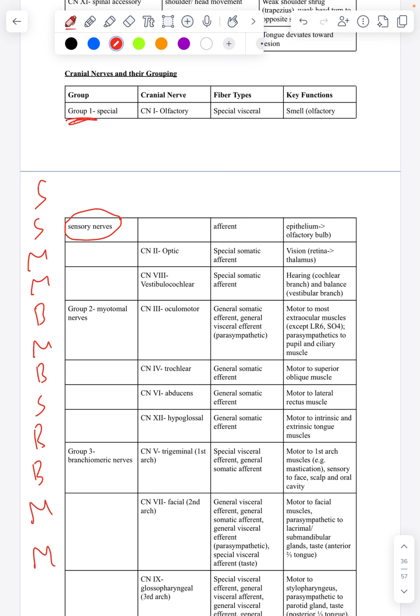These are all special, technically, because they're in the head and neck: 1, 2, and 8. So that's how you group them. If you just remember this mnemonic, it will help with this entire chart. Now, for motor, we have 3, 4, 6, and 12. 11 is the exception.